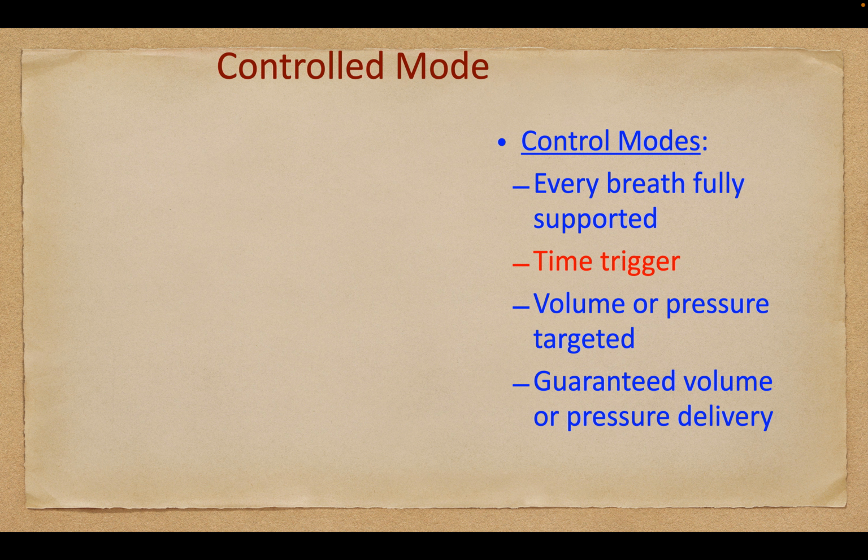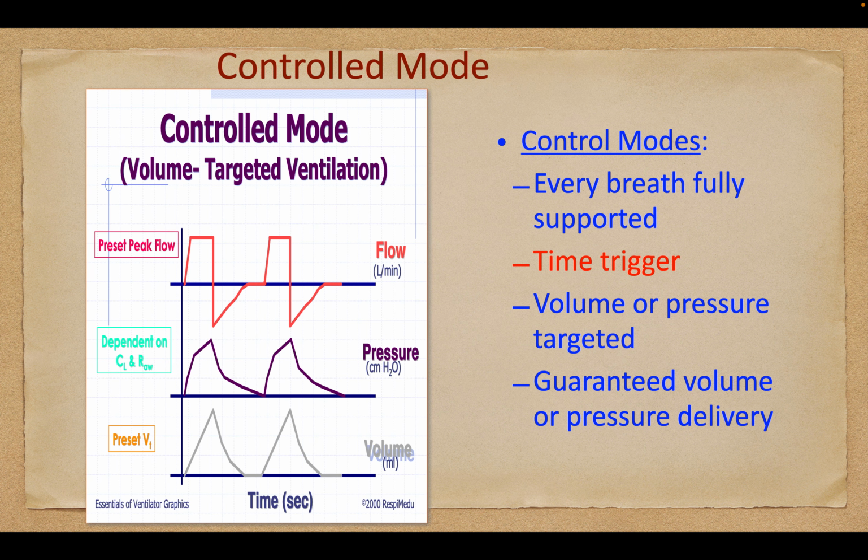Now the control mode is a mode where every breath is fully supported, as the name suggests. It is time triggered. It can either be volume or pressure targeted, and it guarantees a volume or pressure delivery depending on whether it is a pressure control mode or a volume control mode. As you could see, it's a volume targeted ventilation.